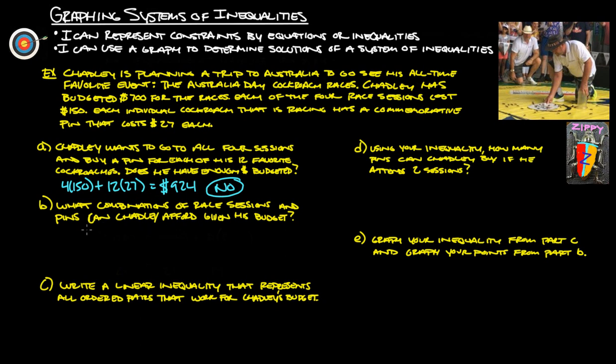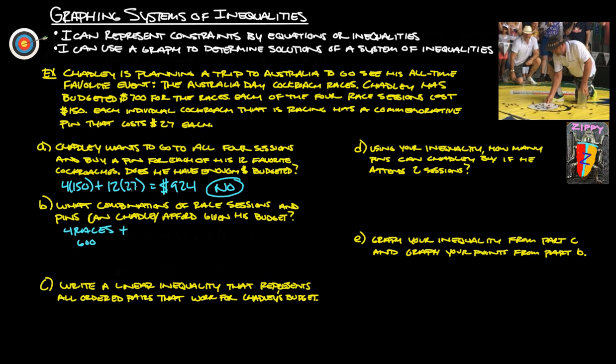Interesting question. So he could do all 4 races, which is 4 times 150, $600. It's got $700, so that would leave $100 left for the pins, right?